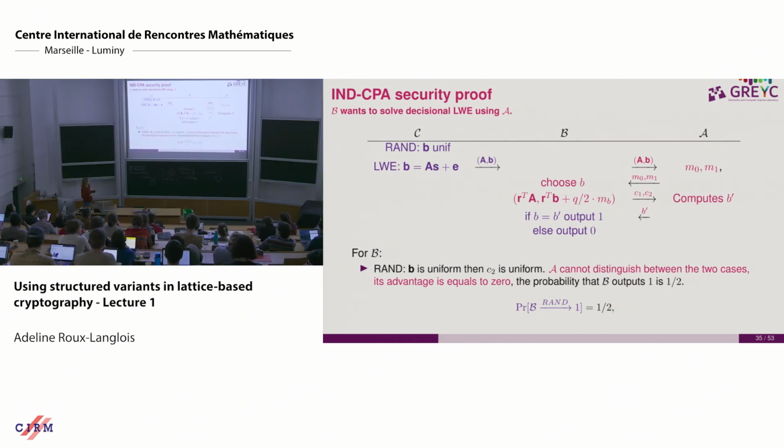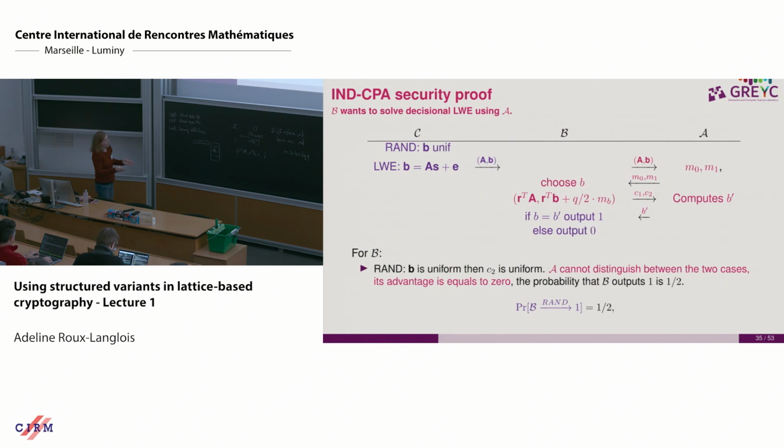Now if we analyze this, we have two cases. We will analyze it from B's point of view. The first case is that the small b from A, b is uniform. If it's uniform, then my ciphertext R times b is uniform, because I lost the information. There is no information in this. If it's really uniform, we lose the information of the message.